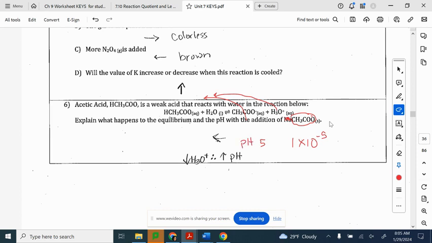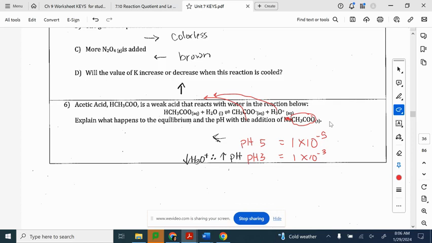A pH of 5 equals this amount, because you have to do the negative log of this to get pH. A pH of 3 is 1 times 10 to the minus 3. So if you increase the amount of H3O+, you will decrease your pH. That number is going to go down.